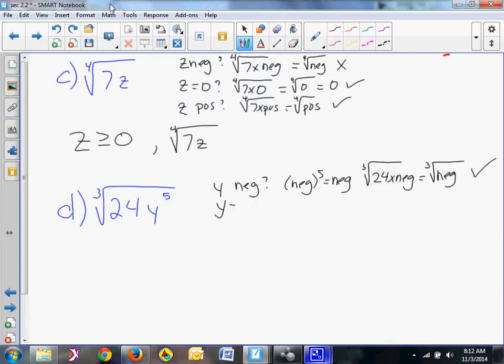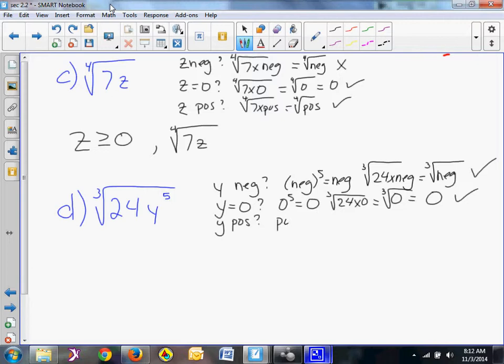So can y be 0? If I take 0 and put it to the power of 5, we get 0. The 3rd root of 24 times 0 is the 3rd root of 0, which is 0. So we can do that. And then can y be positive?